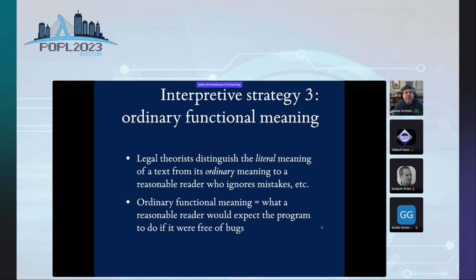And so here's a third interpretive strategy. I call this ordinary functional meaning. Legal theorists who talk about statutory and contract interpretation will frequently distinguish the literal meaning of a text from its ordinary meaning. The literal meaning is a very crabbed and unnatural way of reading it.